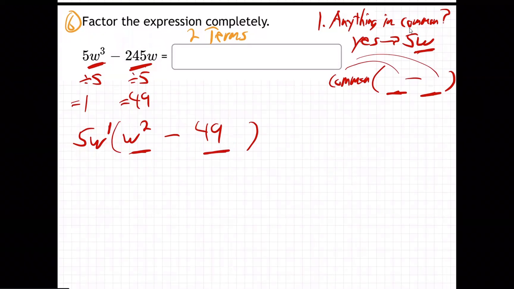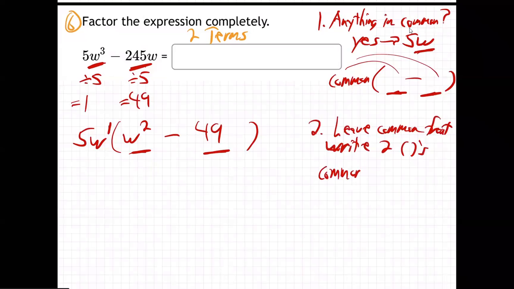All right. And now step 2 is to leave the common on the front and write 2 parentheses. So I'm going to leave now the 5W on the front and I'm going to make 2 parentheses. Okay, and how so?